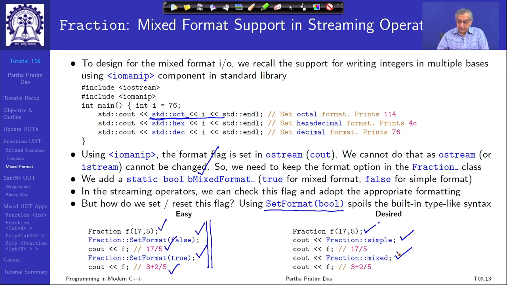And after that, when I do the printing, it should print in the format in which I have streamed. Given this is simple, this will print as simple. Given I have streamed mixed, this will print as mixed format.